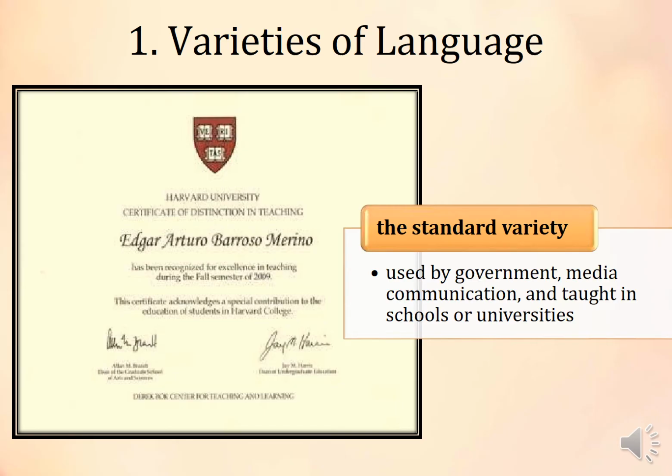Let's move to the first one, variety of language. No doubt, we have a standard variety of any language. What is the standard variety? The variety that is used by government, media, and communication, and taught in schools, colleges, universities and educational institutions.